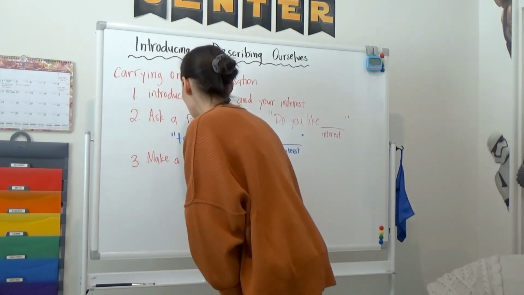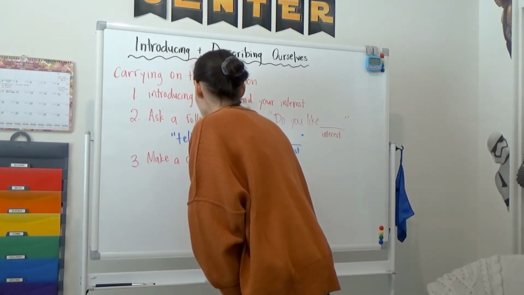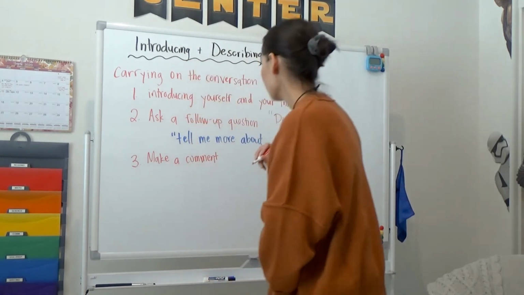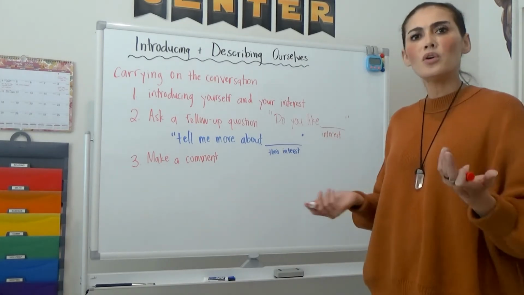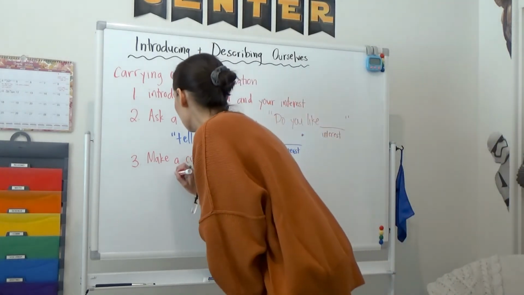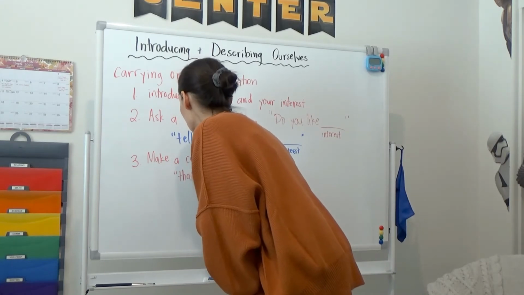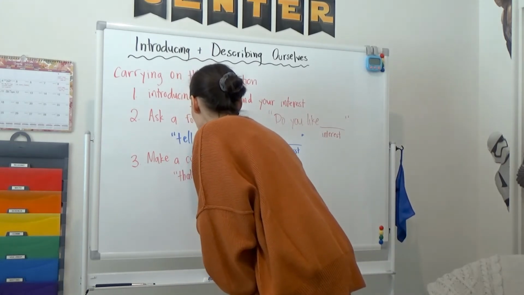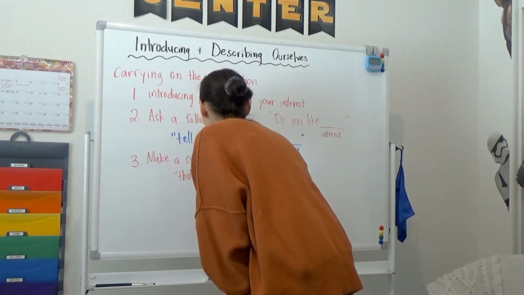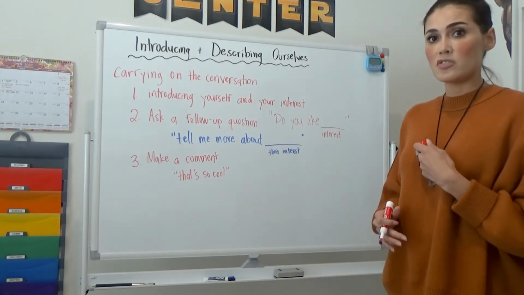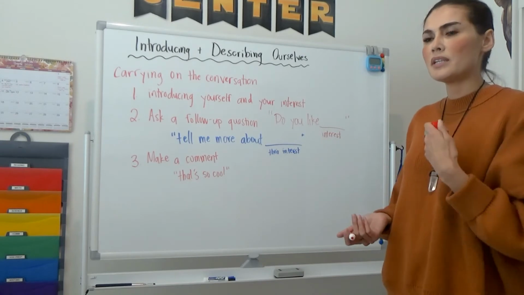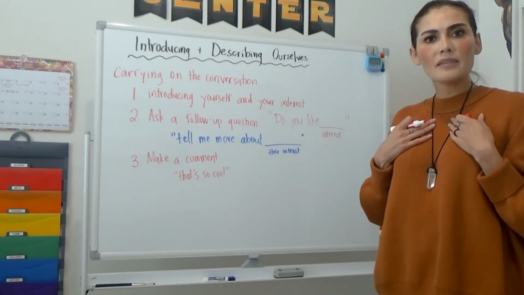Examples of comments you can make are, that's so cool. In the event that you share the same interest as the other person, you might say, whoa, I really like that too.